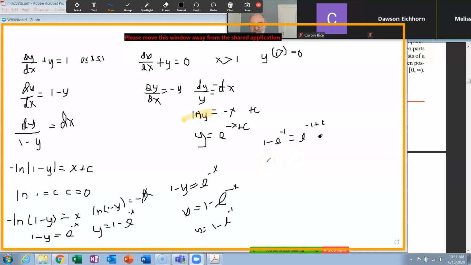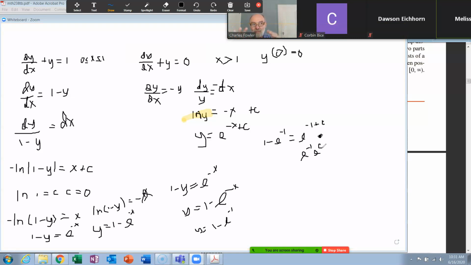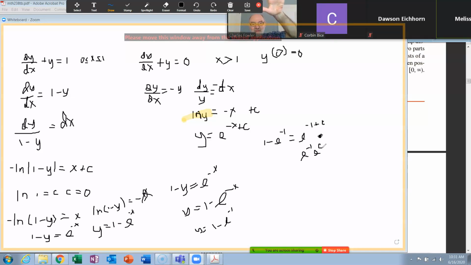What we're going to do is solve for c, and here's how we're going to say this. This is the same as e to the minus 1 times e to the c. Do you see? When you have one base raised to a sum or a difference of exponents, it is the product of the base raised to those exponents.